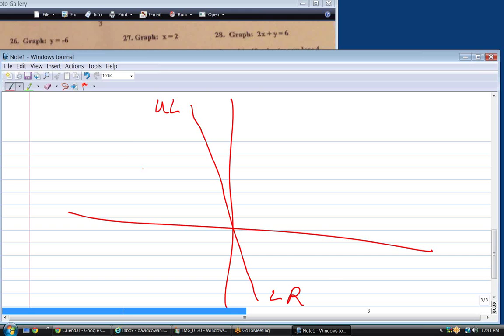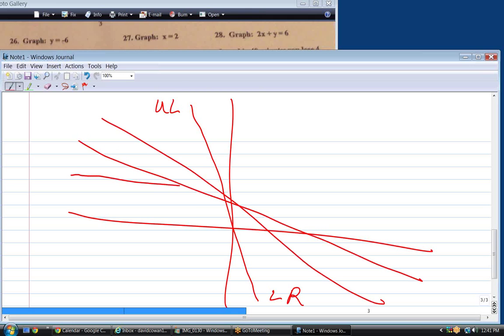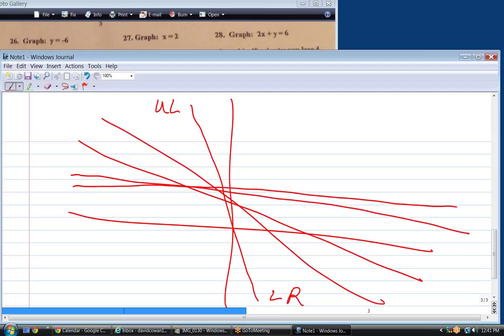This is negative, and this is negative, and this is negative, and then it gets to 0. You get it? Okay, the moment you get on the other side of that, now you're going from lower left to upper right.